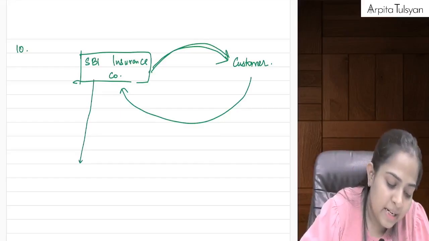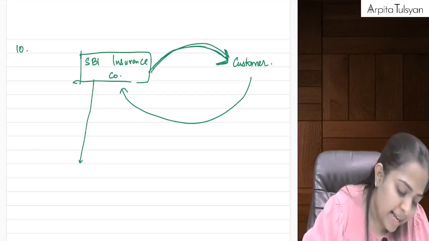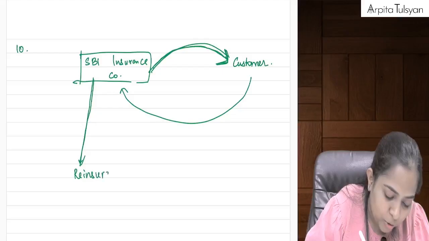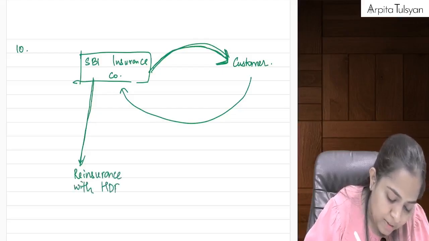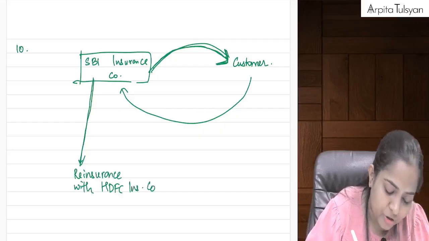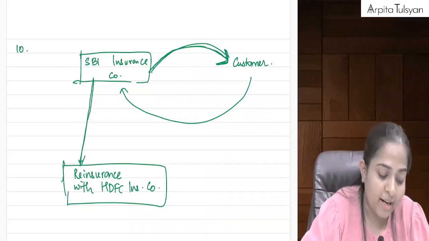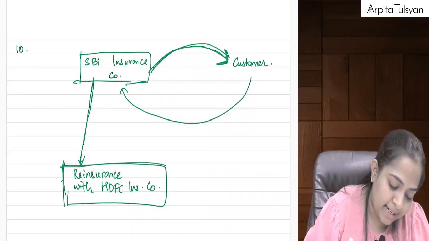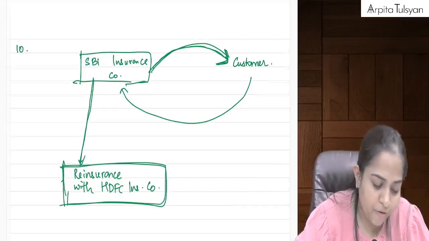So basically, SBI Insurance company has agreed to the customer that we will take up your policy, but it has done the reinsurance also with another insurance company, let's say HDFC Insurance Company. SBI is not ready to bear the risk alone, and that's why it has contacted HDFC Insurance Company for reinsurance.